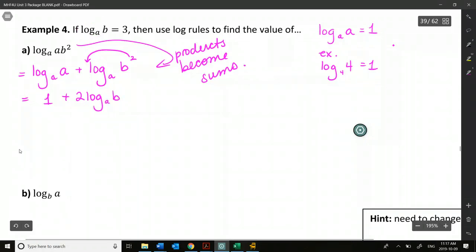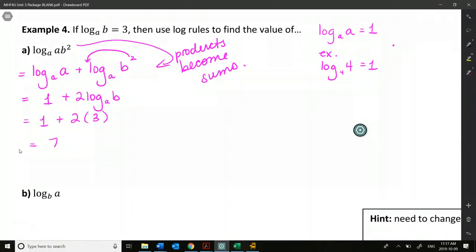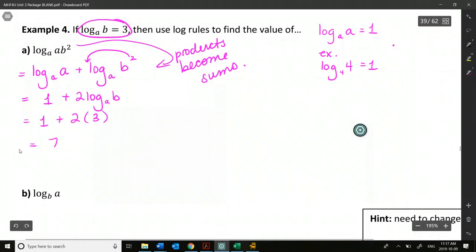So if I have the log base a of b, I can substitute based on what the question is telling me, its value here. But I can't do that if I have an exponent over top of the b. So I know that this is 3, which makes this value 7. The question tells me that log base a of b is 3. Good, so this is equal to 7.